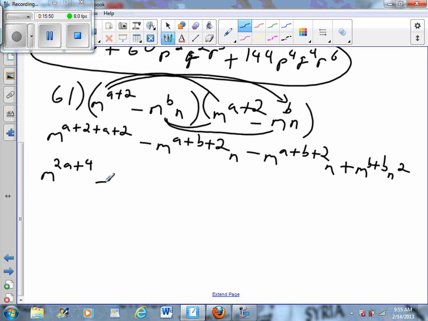So 2m to the a plus b plus 2 n. I've got two of them. They're like terms. And then at the end, n to the b plus b is, what's b plus b? 2b, I hope, not b squared, but it's going to be 2b. N to the 2b n squared.